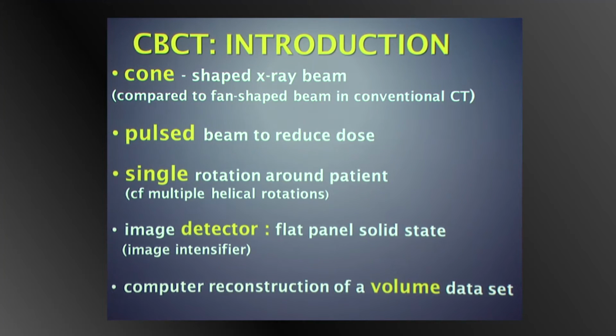It's a pulsed beam to reduce the dose, and there's a single rotation around the patient. The image detector, they're virtually all flat panel solid state now. In the early days of dental machines, there were some inferior systems, which I'll just touch on briefly. And you have a computer reconstruction of a volume data set.